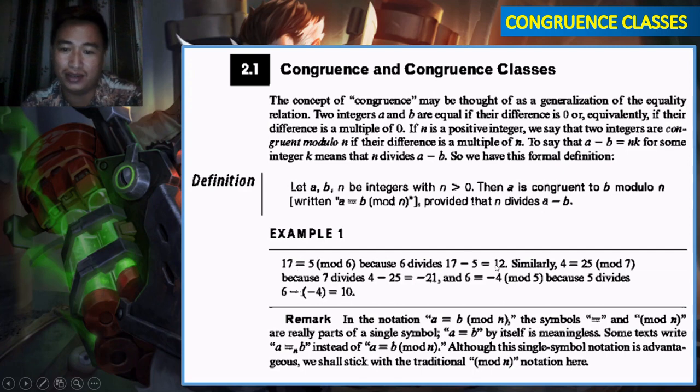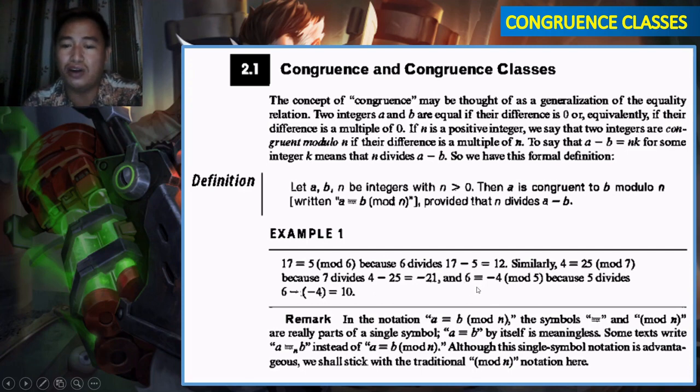Similarly, 4 is congruent to 25 mod 7 because 7 divides 4 minus 25, which is equal to negative 21. You can also flip it: 25 is congruent to 4 mod 7, since 25 minus 4 is 21, and 7 divides 21.